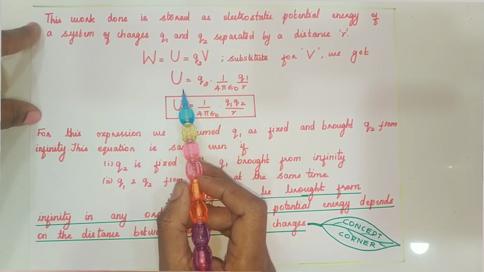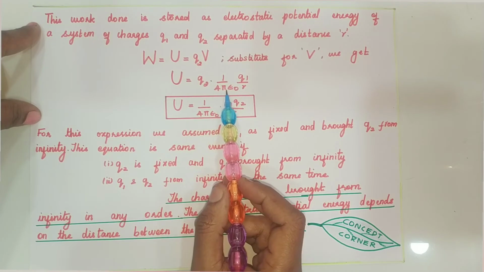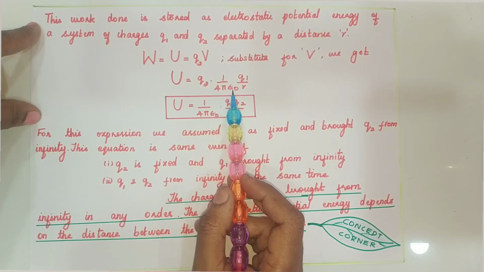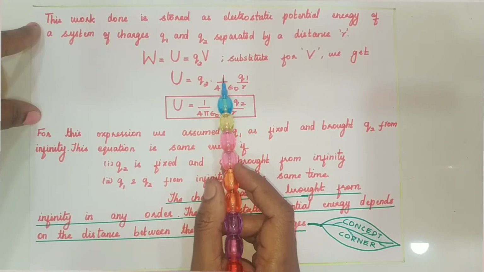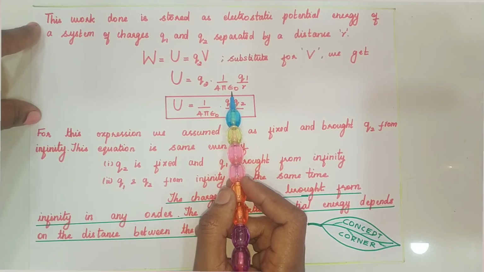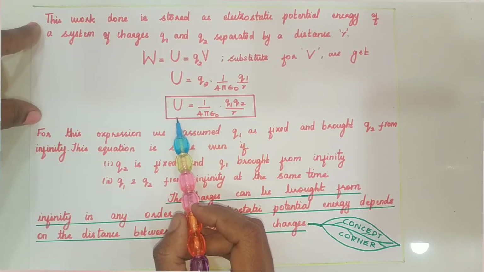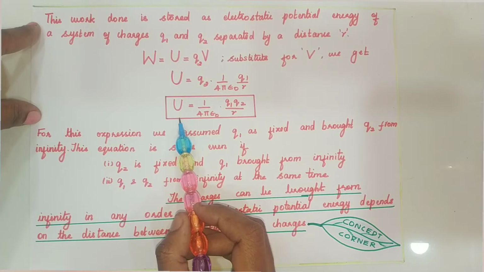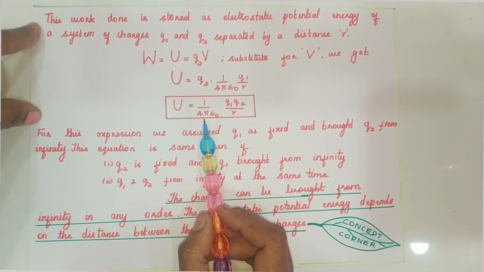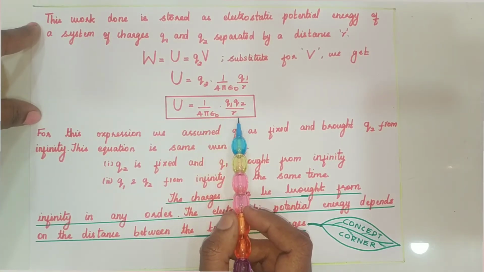We get the expression U is equal to Q2 into 1 by 4 pi epsilon naught Q1 by R. That is the expression for potential V. And so we write electrostatic potential energy U is equal to 1 by 4 pi epsilon naught Q1 Q2 by R.